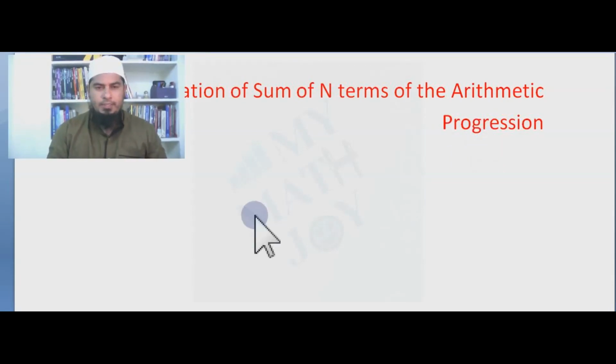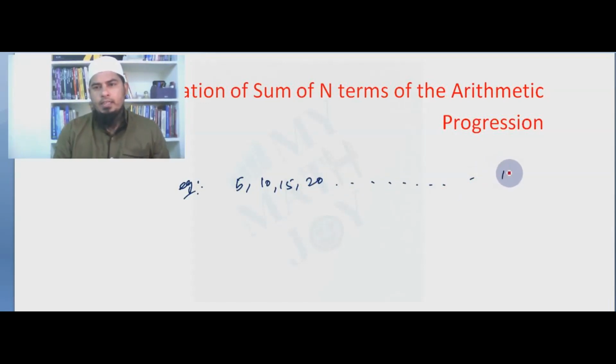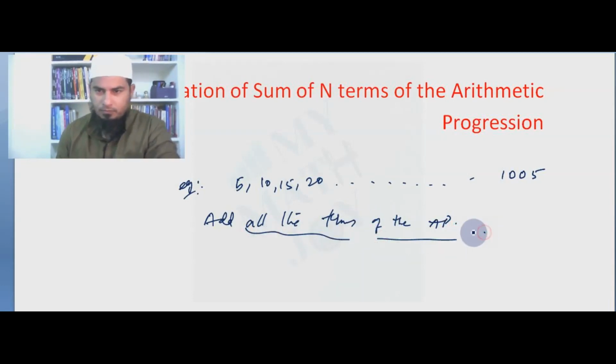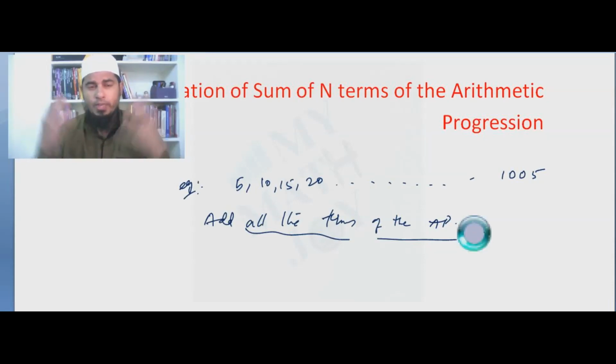What is it? For example, if we have an AP like 5, 10, 15, 20, and so on, up to 1005, and I ask you to add all the terms of the AP, this addition is very tedious.